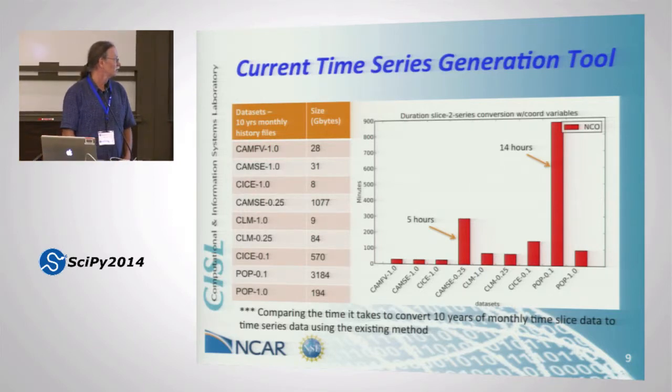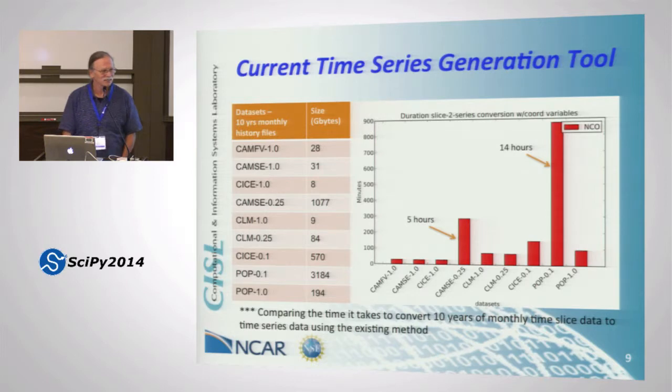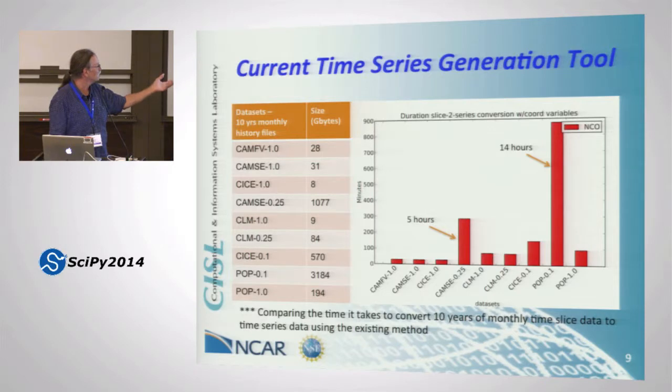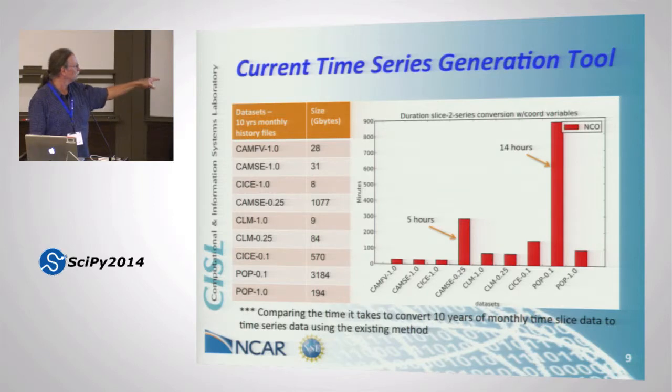Just to start off, this is the scenario with the current tool, and these were the test data sets. You can see there's quite a variety of sizes, and the highest resolution one, the POP, the parallel ocean model, has 3 terabytes of data, I think, more or less, but interestingly contains the fewest number of variables, and actually that's somewhat significant later.